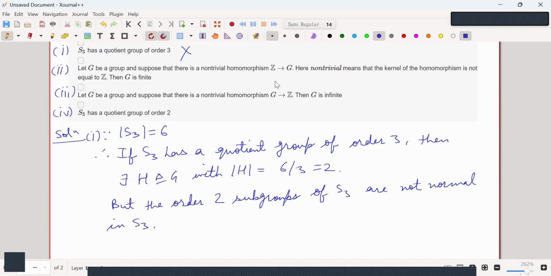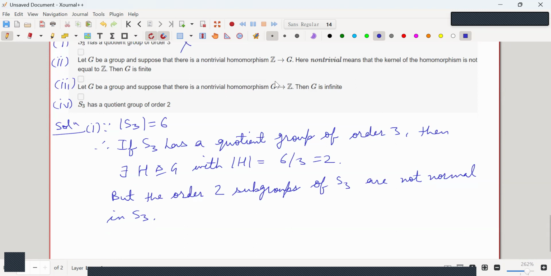No. Why? Since this is non-trivial and Z is cyclic, one has to map to some non-zero element.